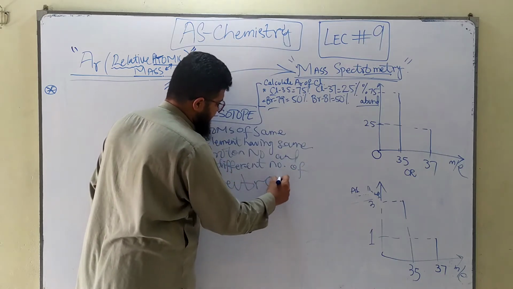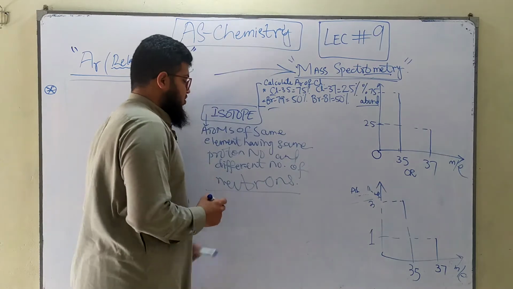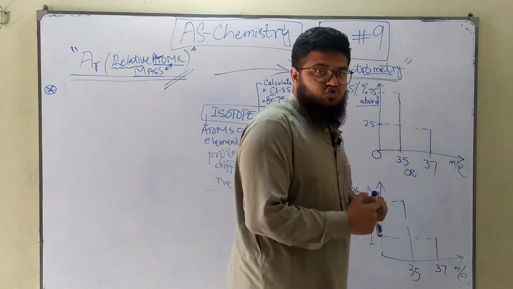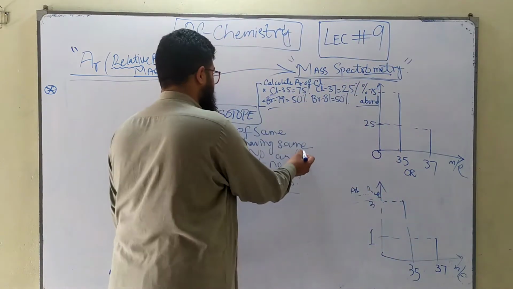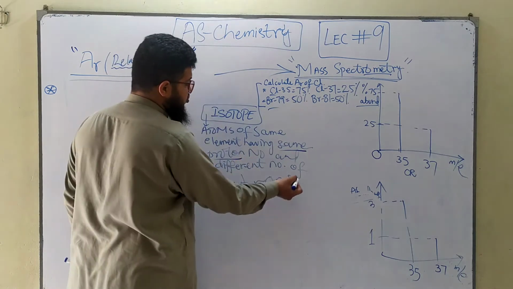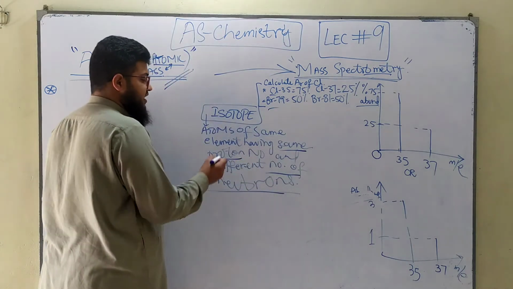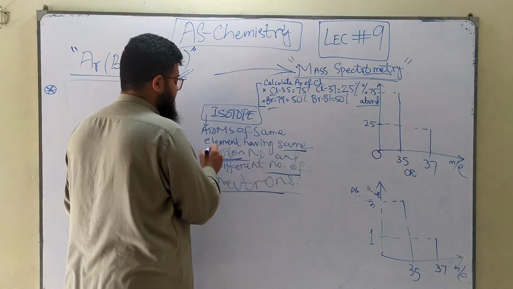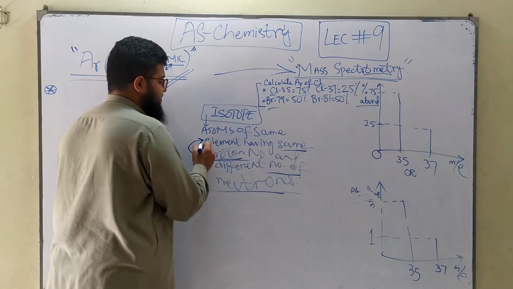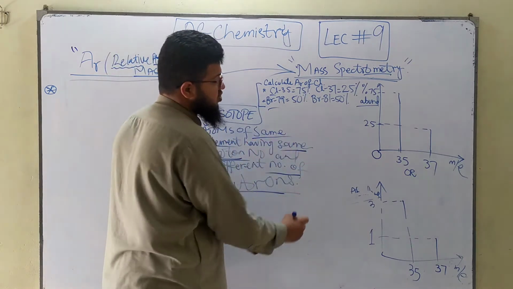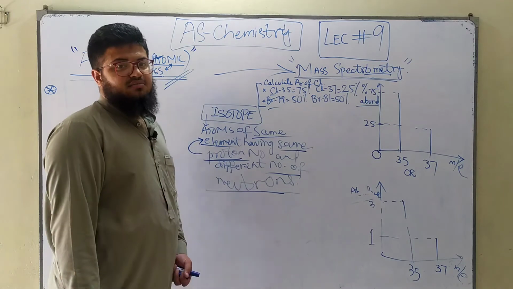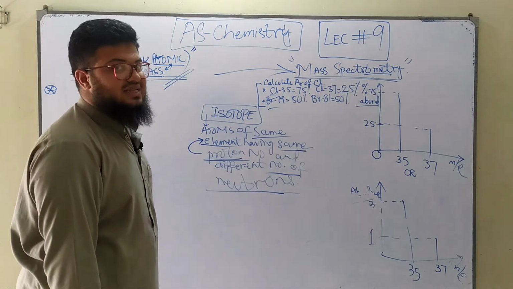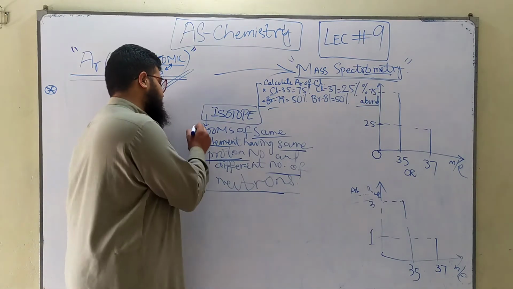You have done this in your O levels, of course. The proton number has to be the same and the neutron number has to differ, and if the proton number stays the same, that means they are atoms of the same element, because as long as the proton number is the same, the element is not different.